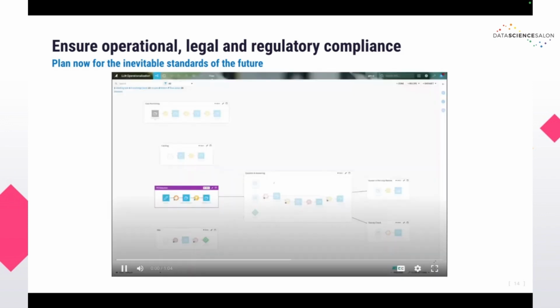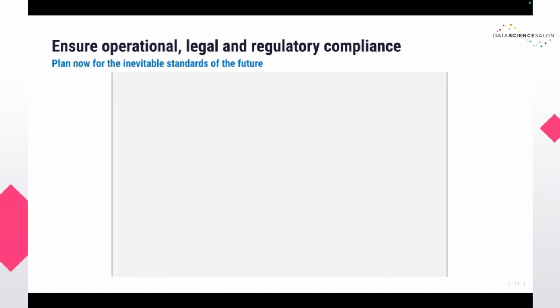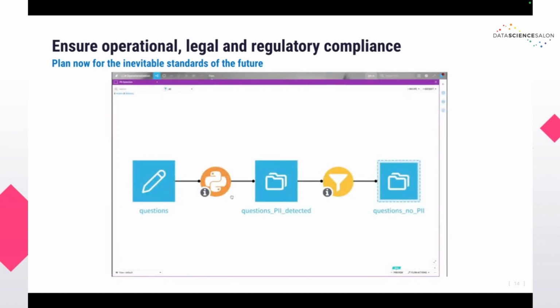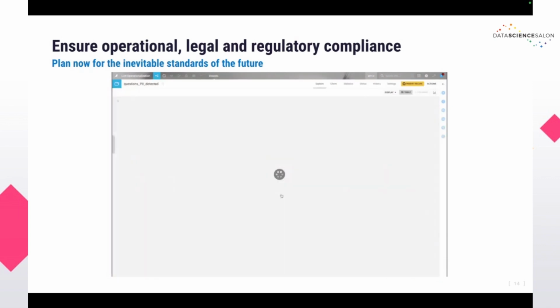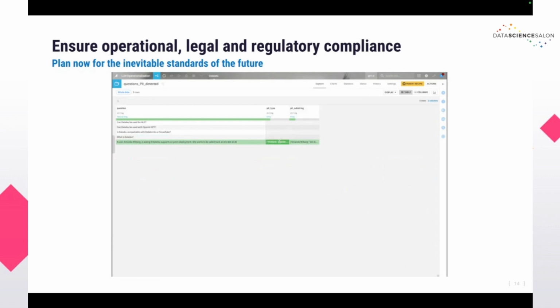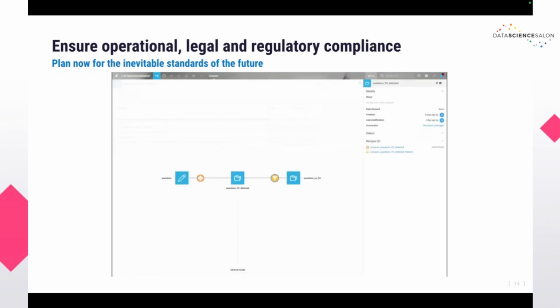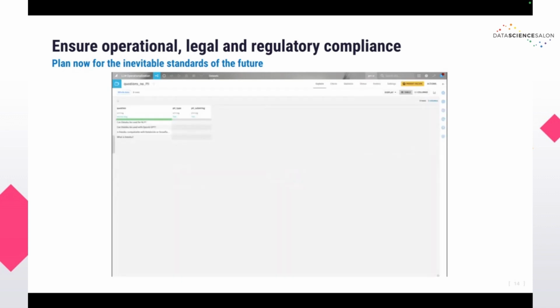So to start, on our input queries, we can use natural entity recognition, or NER, to detect PII in a code recipe. If this PII is detected, we can filter those queries out using a filter recipe as to not send it to the LLM.